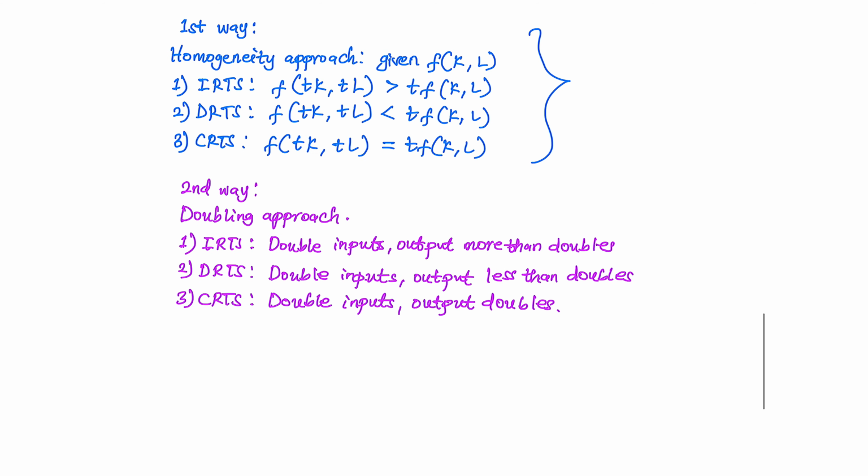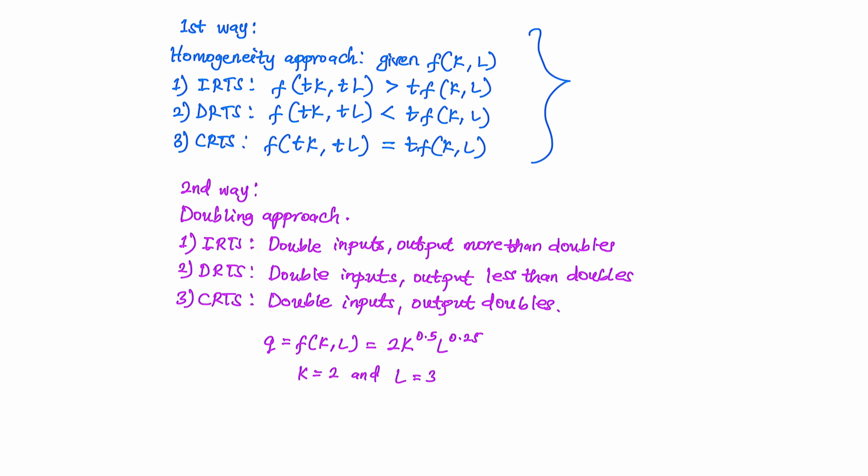Let's use the production function that we have, which is Q equals F of capital and labor, and that's equal to 2 times capital, raised to power 0.5, multiplied by labor, raised to power 0.25. Let's say, for example, the level of capital is 2 and the level of labor is 3.